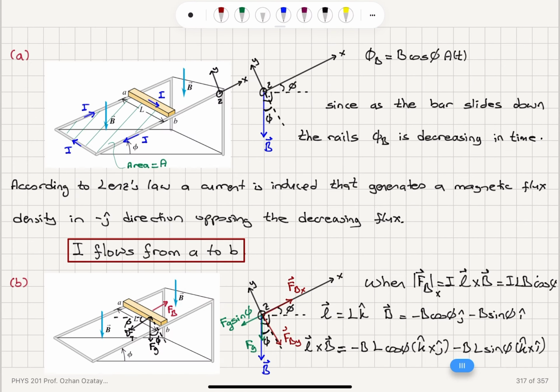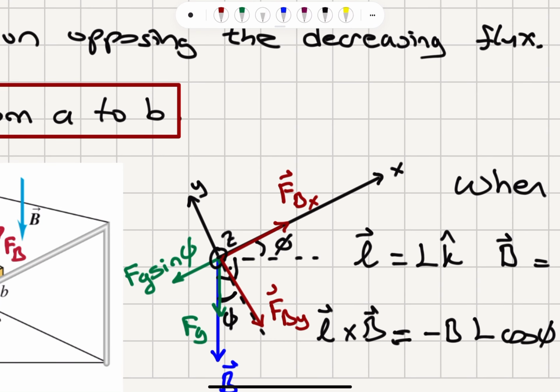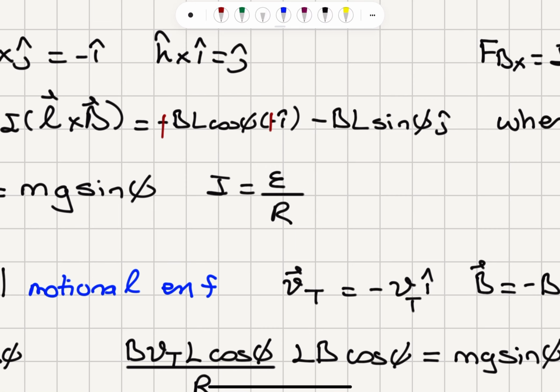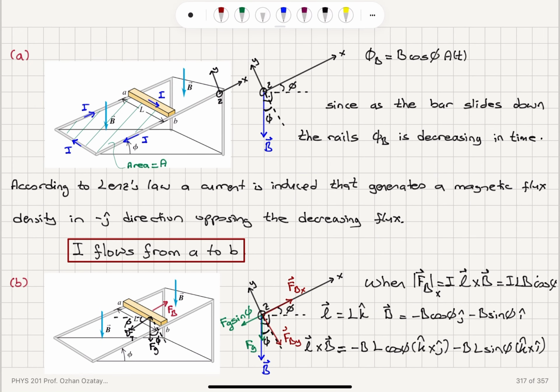So the minus j hat component will be the minus j hat projection of the gravitational force balanced by the normal force. But on the other hand, we have the x component of this force, which is FBX here, that is due to this term, BL cosine phi, and that will be balanced by the x component of the gravitational force, which is mg sine phi.